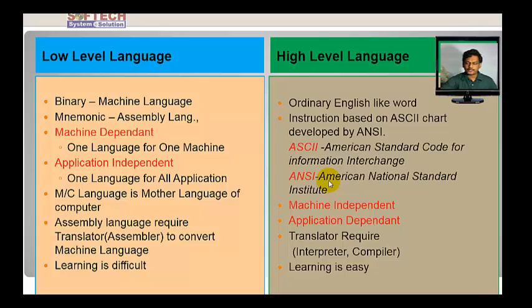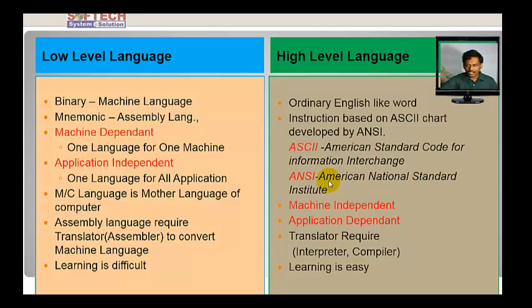These are the characters. So the ASCII chart allocates an ASCII value to each character. This ASCII chart was developed by ANSI, so it is commonly accepted by all equipment manufacturers and equipment users.